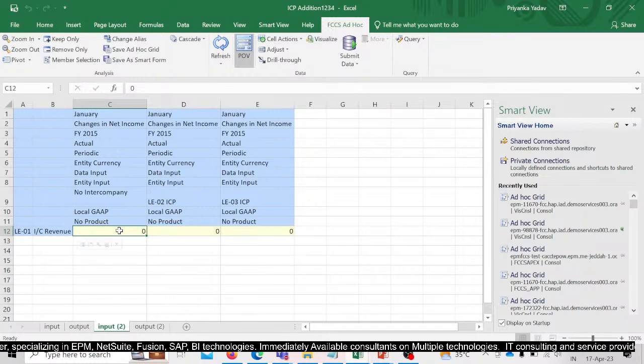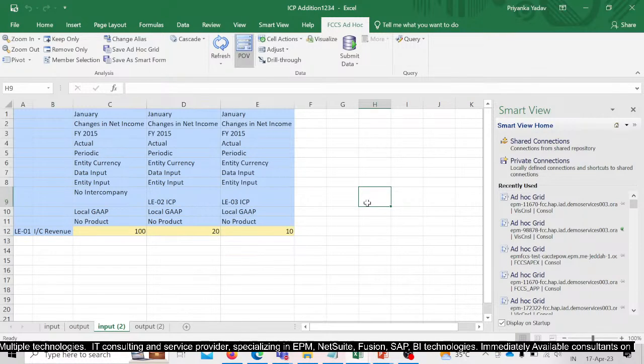Further, I have taken the intercompany revenue account here, and in no intercompany I'll input the figure as 100. In the second intercompany partner, which is LE2, I'll input 20, and in the third intercompany partner I'll input 10.